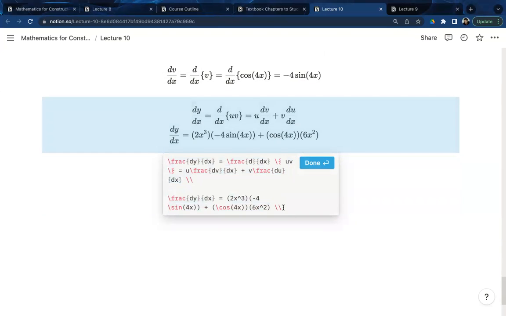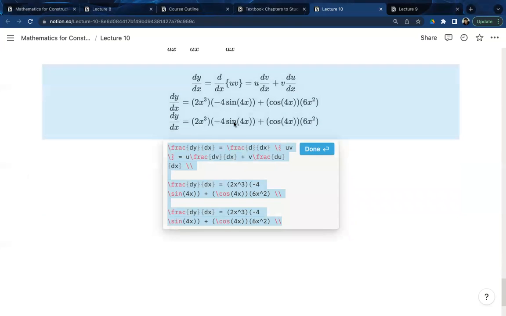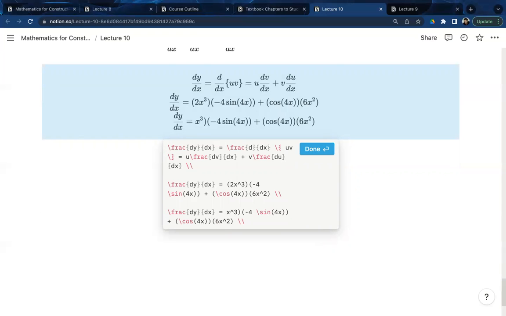So let's see this in action. This is 2 by 4, that's negative 8. Negative 8x cubed sine 4x, right? Plus 6x squared cosine 4x.